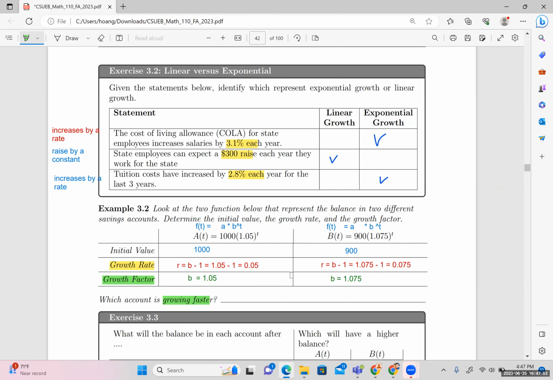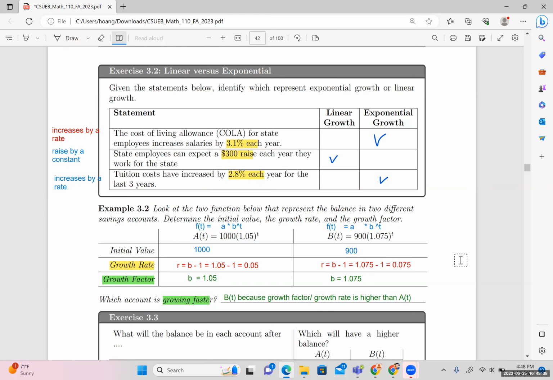Or as you can compare, the growth factor in company B, 1.075, is greater than the growth factor in company A. So I can just go ahead and say B(t), because the growth factor or growth rate is higher than A(t). All right.